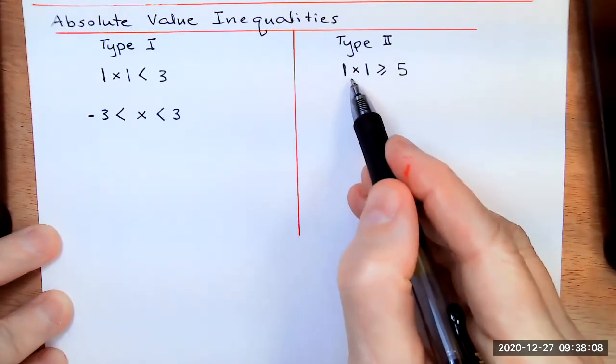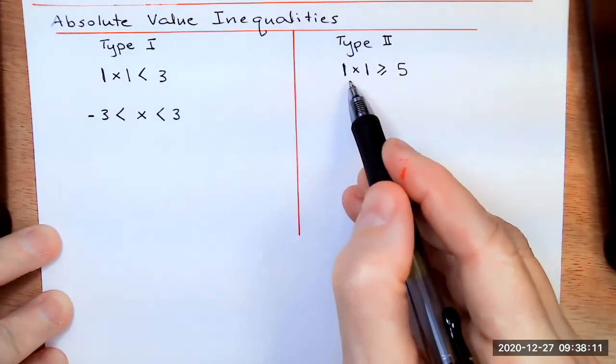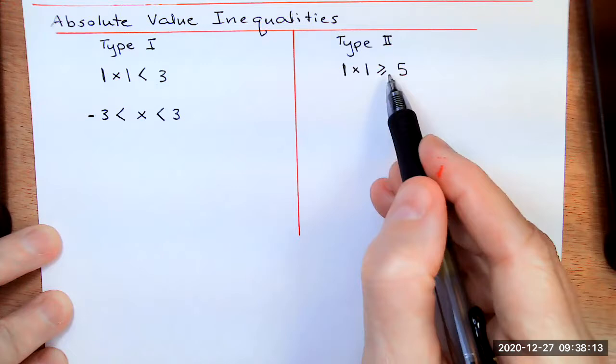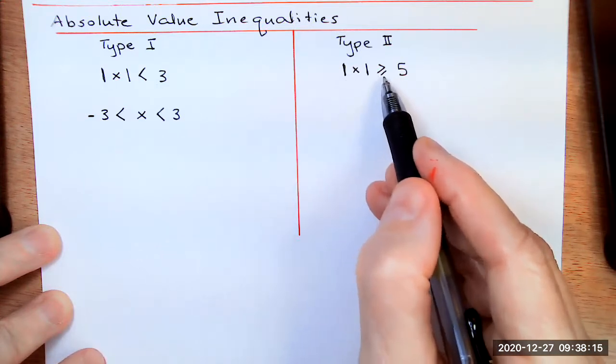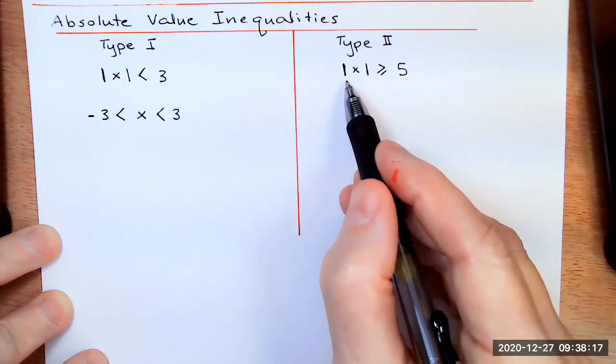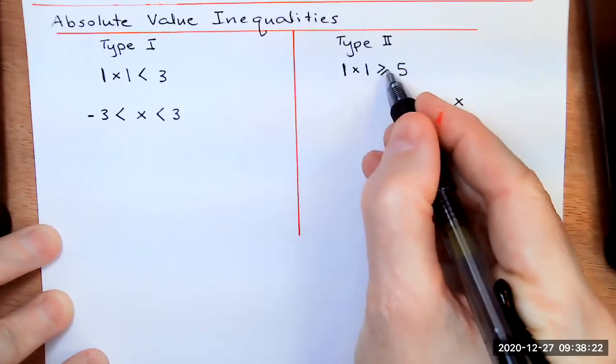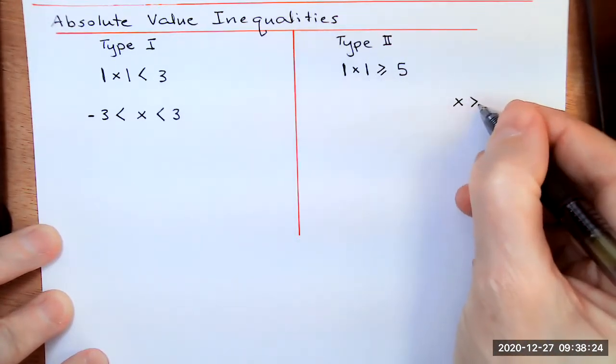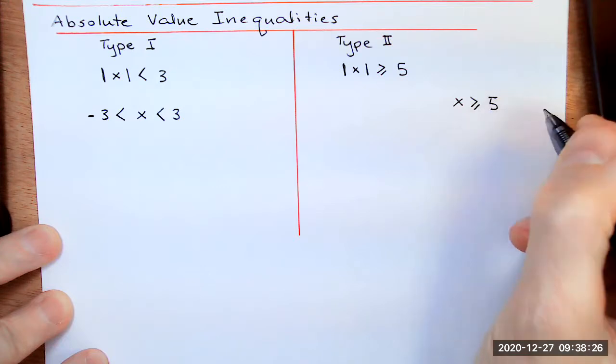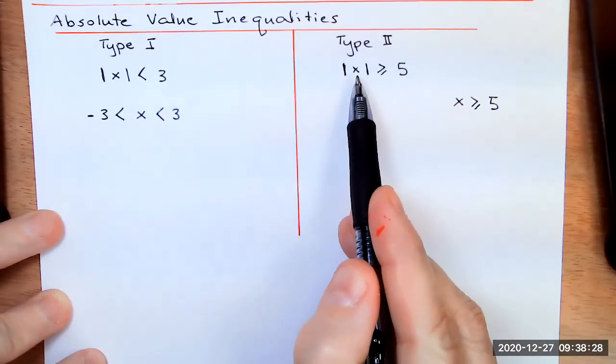When you have a type 2 inequality, you get a compound inequality that has to be written in two parts. So the first part looks just like this. Now notice this is a greater than or equal to, so we'll use greater than or equal to. And the other one is the opposite.